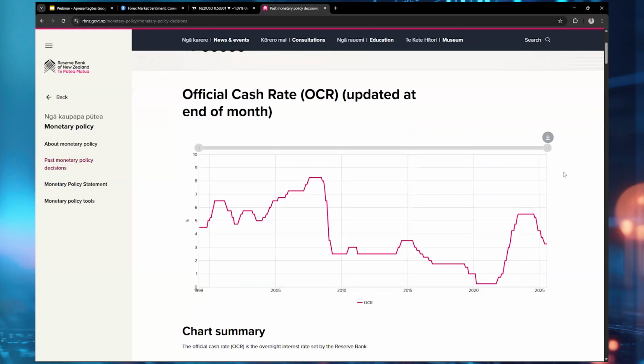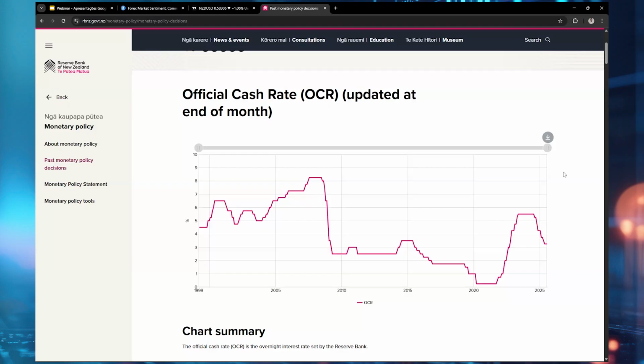There weren't any surprises for the market, because everyone was expecting a 25 basis point cut. So from that perspective, nothing different happened. What was expected to happen ended up happening.